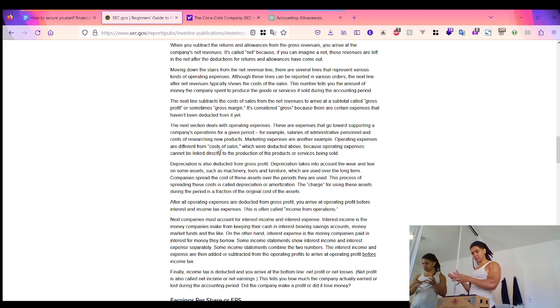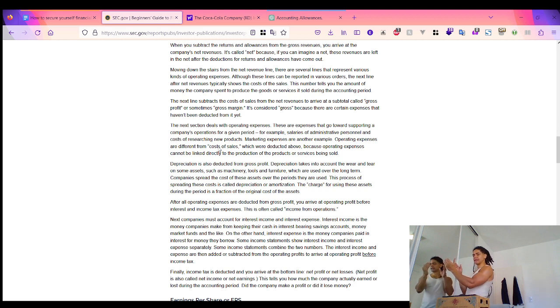So this is how much money a company spends to produce the product and service in that accounting period. Okay. So when you deduct the cost of sales from net revenue, you arrive at the gross profit. This is called gross because there are certain expenses that have not been deducted from it yet.